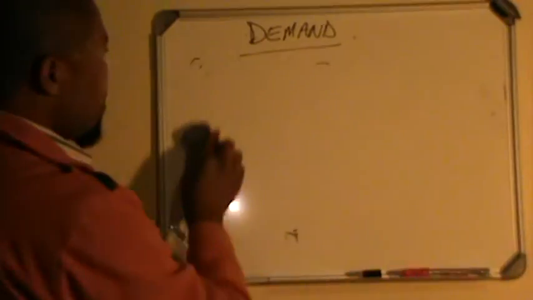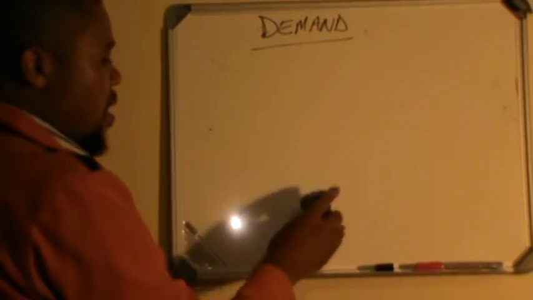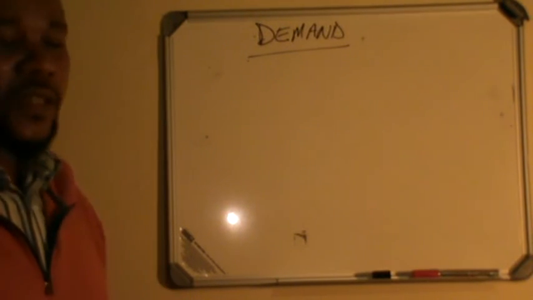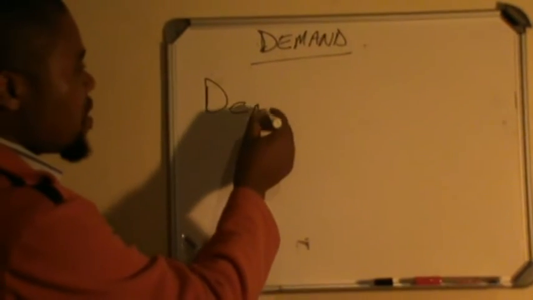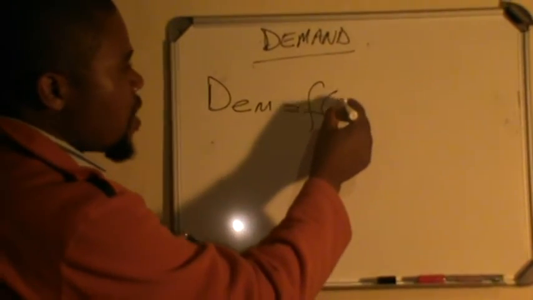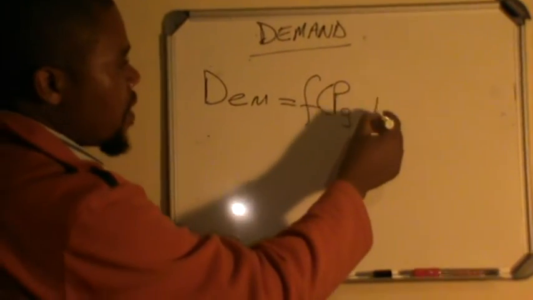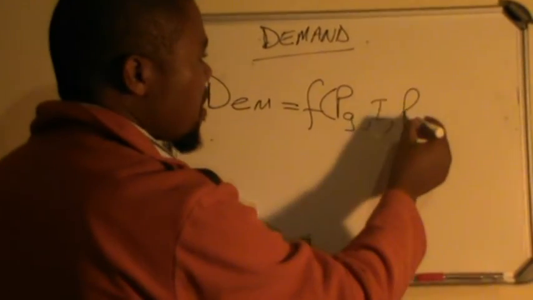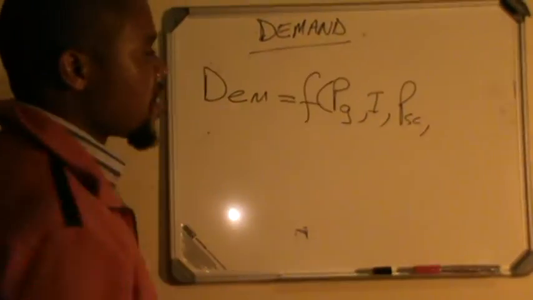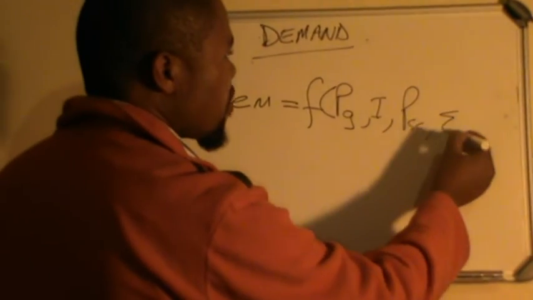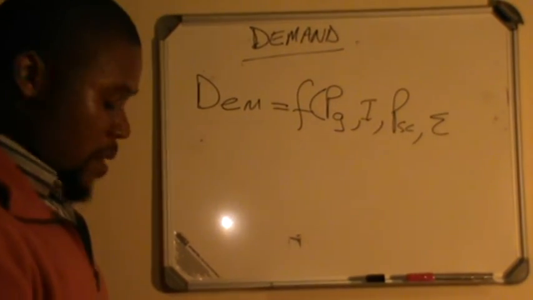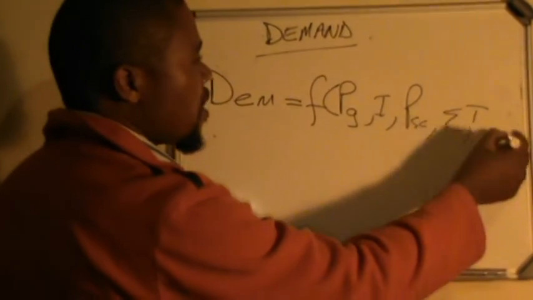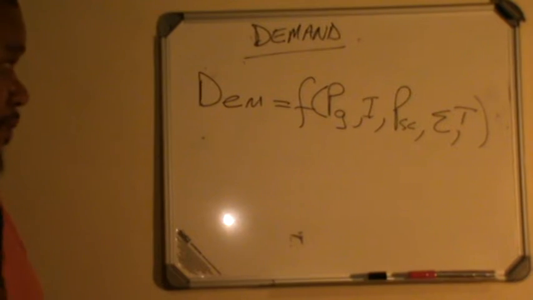But what is also important is how changes in each of these factors affect demand. So demand is a function of the price of the good, your own personal income, prices of substitutes and complements, your expectations for the future, and your own tastes for that particular good.